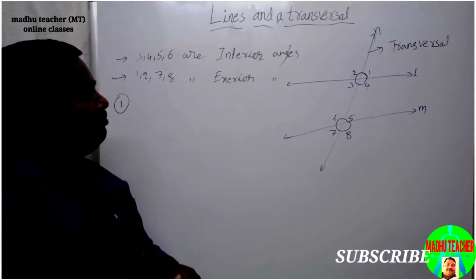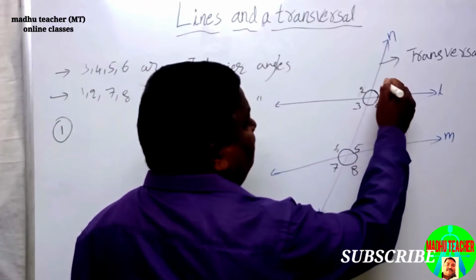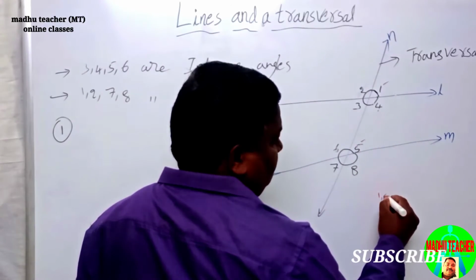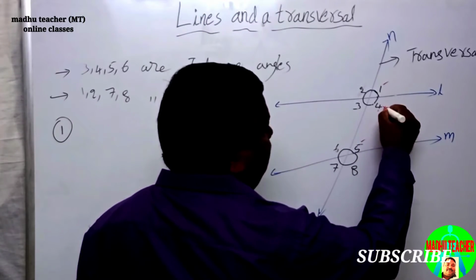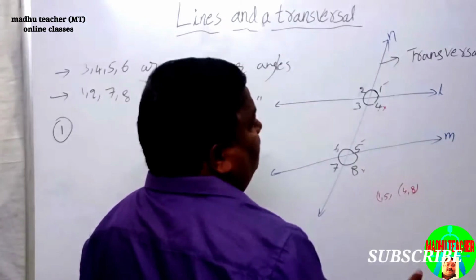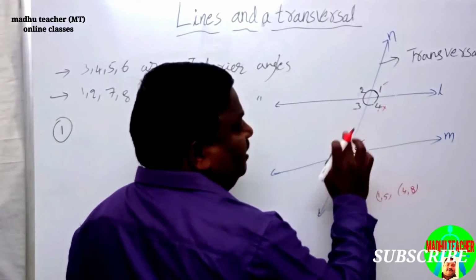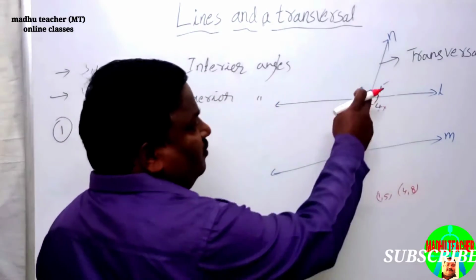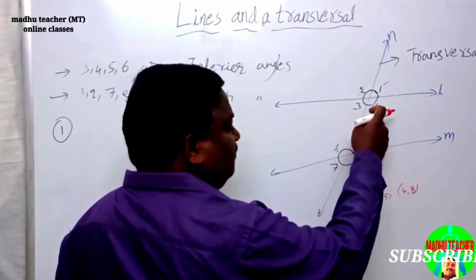We have some more types of angles. Let us observe 1 and 5, and 4 and 8.